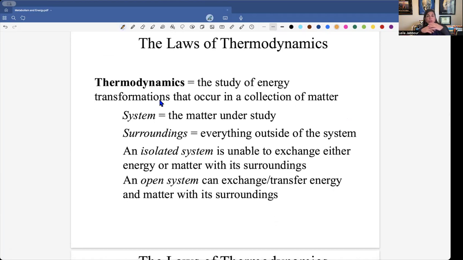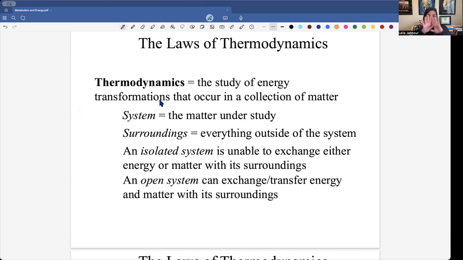So there are certain laws of thermodynamics. All of these movements and energy fall into this umbrella called thermodynamics in physics. And thermodynamics specifically is the study of energy transformations that occur in a collection of matter.